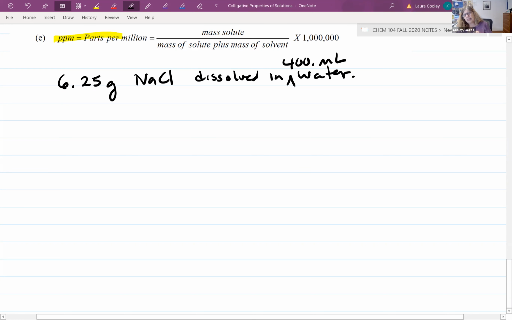When we dissolve that sodium chloride in there, we took 400 mL and added it to the 6.25 grams, but the volume of the solution is 402 milliliters.